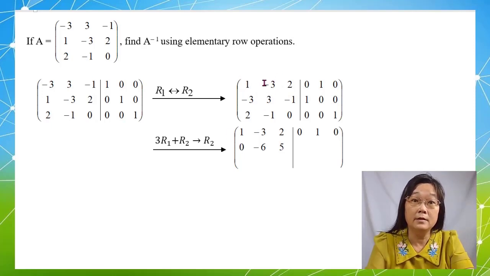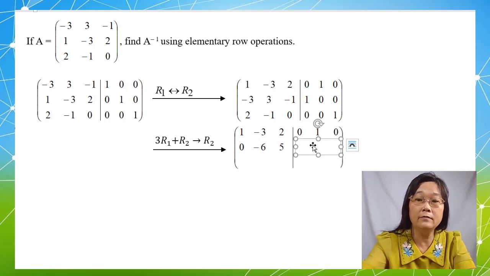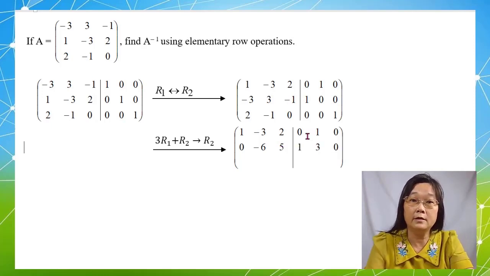Then this one, negative 3 multiply 3 is negative 9 plus 3, then we get negative 6. Then for this number, 2 multiply 3 is 6, 6 plus negative 1 is positive 5. Same thing for the matrix on the right hand side.